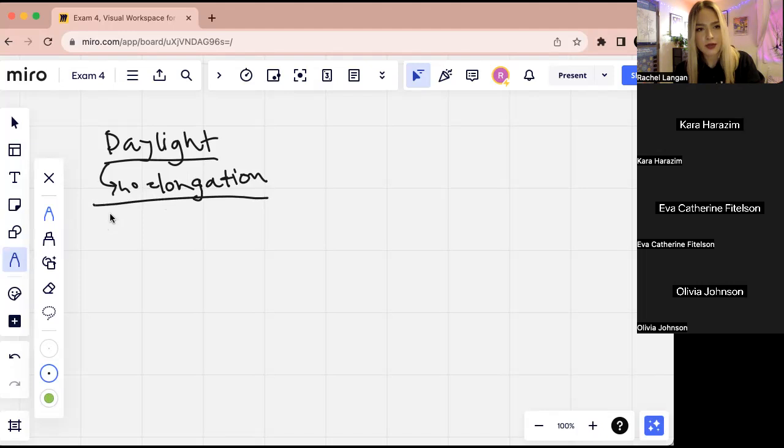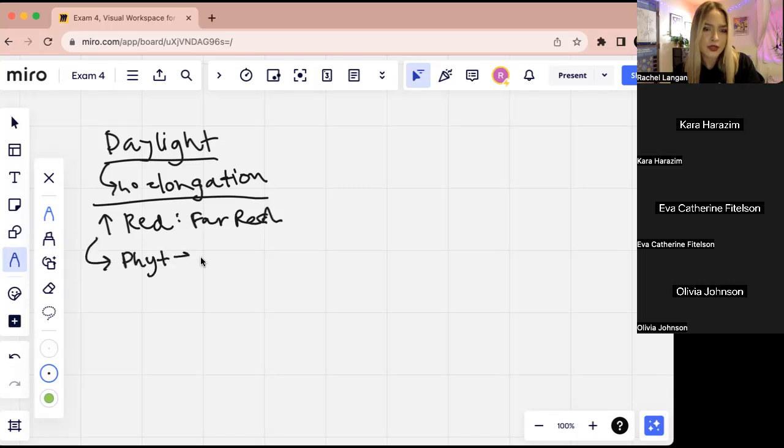So the flow diagram that you should know is in daylight, there's going to be a high level of red light as opposed to far red light. So you could write that as a high red to far red ratio. When you have more red light than far red light, that's going to cause phytochrome to switch to the PFR form.